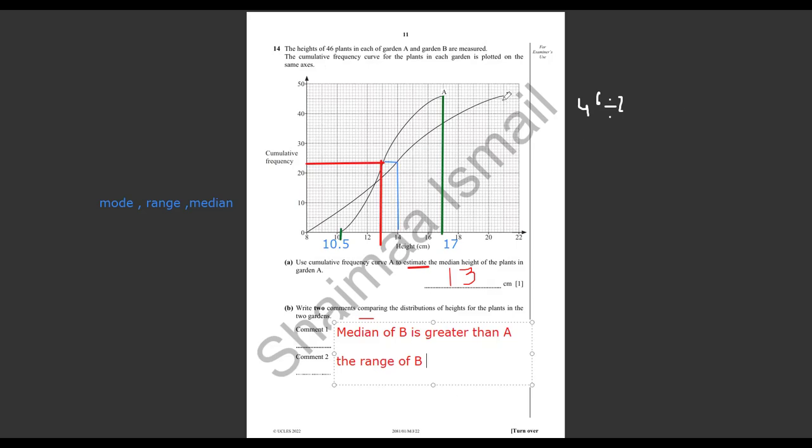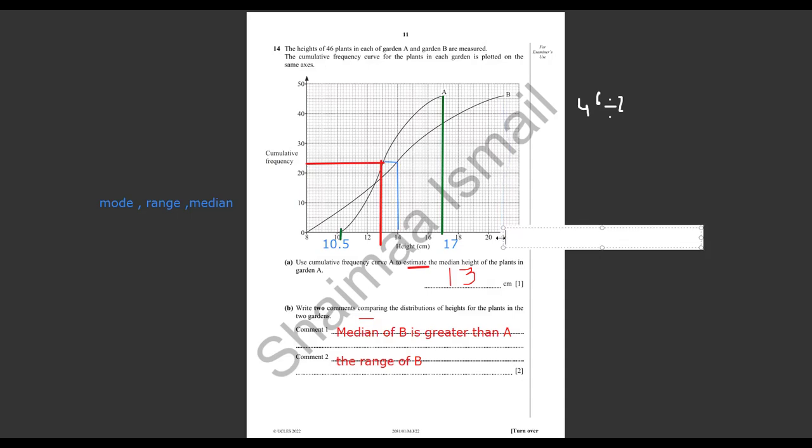Here we have the greatest height, which is 21, and the smallest here is 0. So the range of B here is 21. How about the range of A?